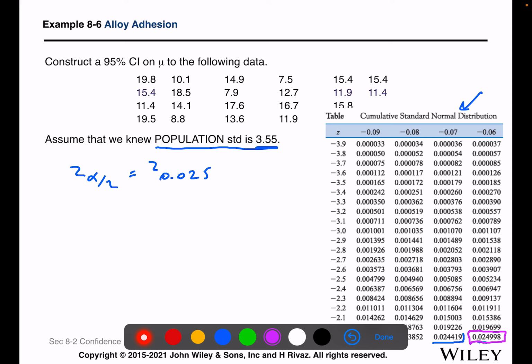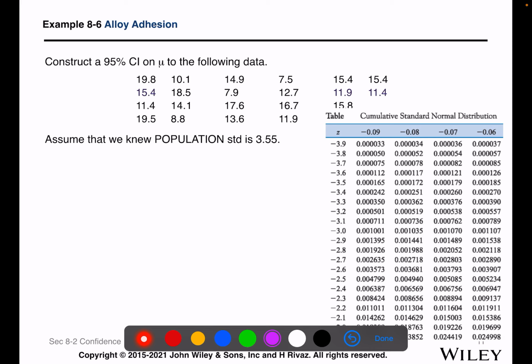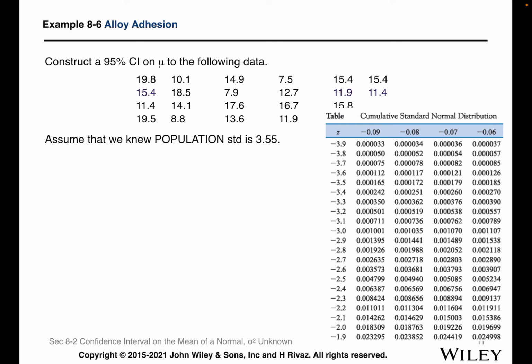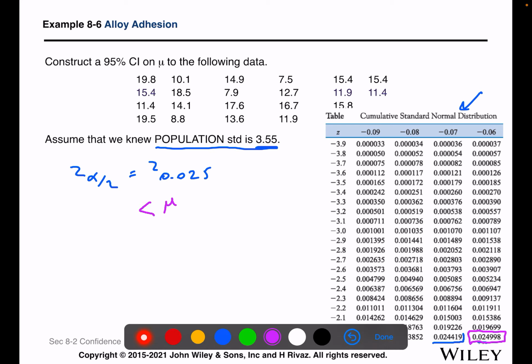So my mu is going to be between x bar minus 1.96 times 3.55 divided by square root of 22 and x bar plus 1.96 times 3.55 divided by square root of 22, right?